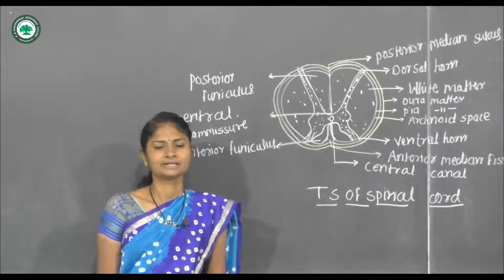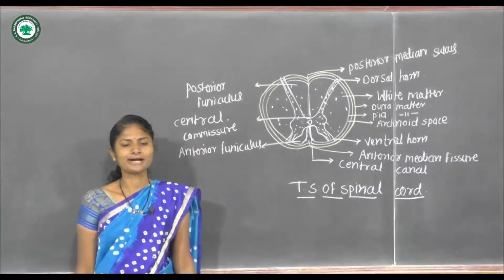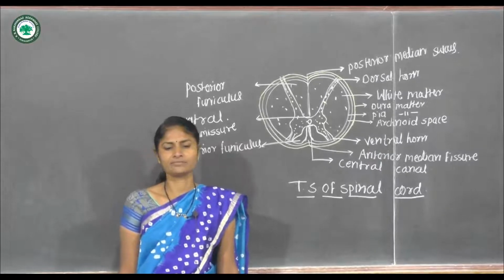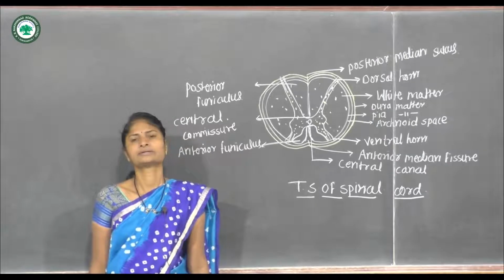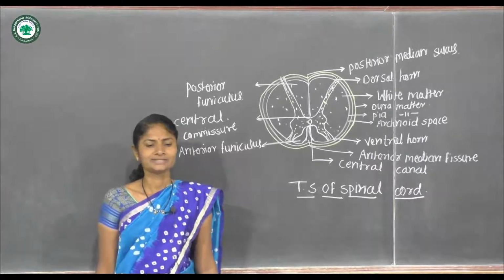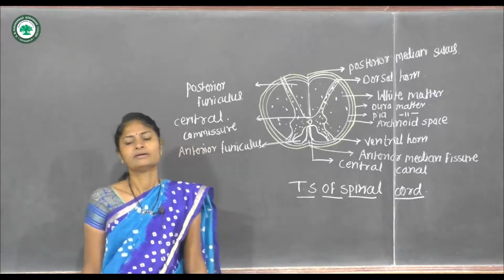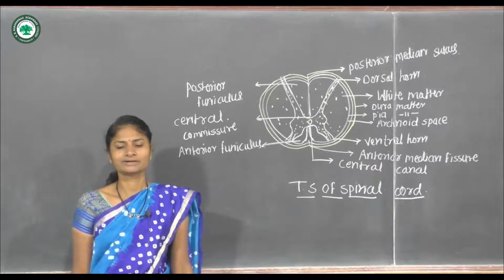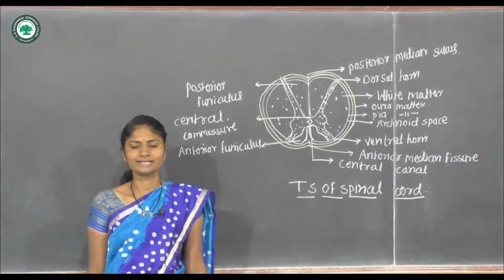Spinal cord is a bilateral, symmetrical and important part of the central nervous system located in the vertebral column. Inside the vertebral column it is a cylindrical structure connected to the brain at the medulla oblongata.